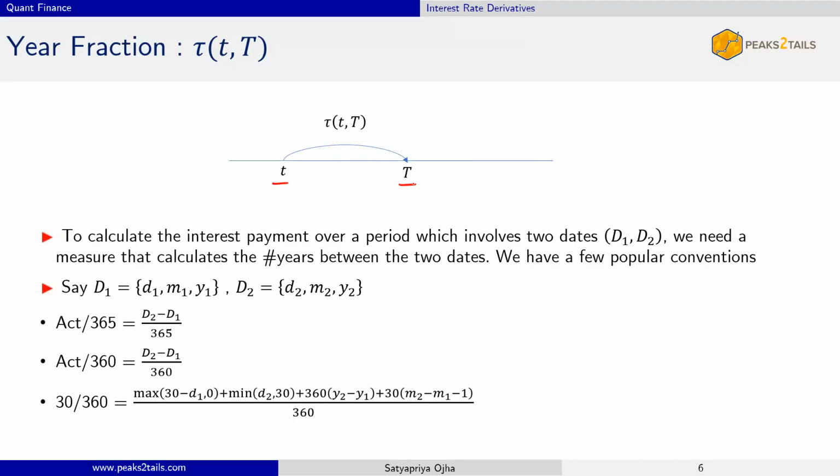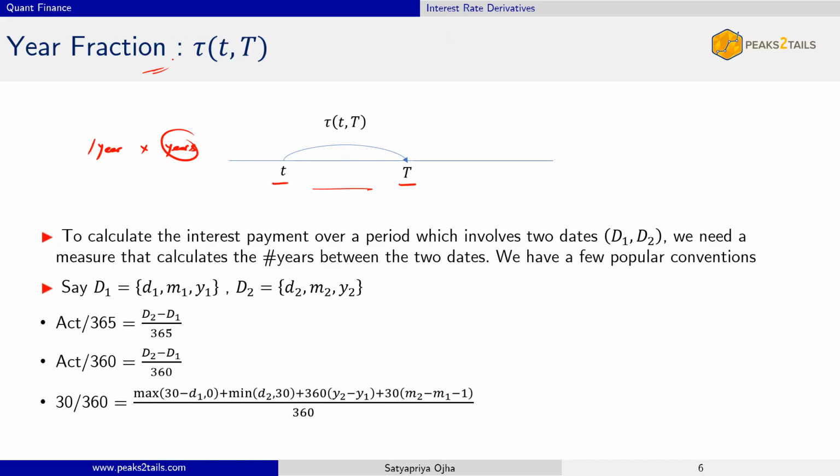Then multiply hours with the rate, which is kilometers per hour, and you get kilometers. Exactly the same idea. How much interest payment will you get over this period? Well, the rate is per year, and then you multiply by the number of years. So you'll get the overall interest payment in dollar amount. Same idea.